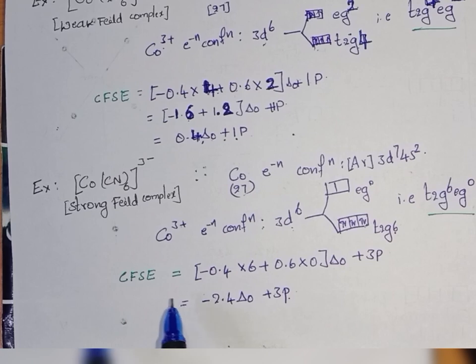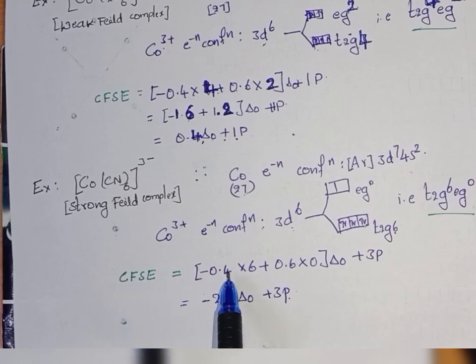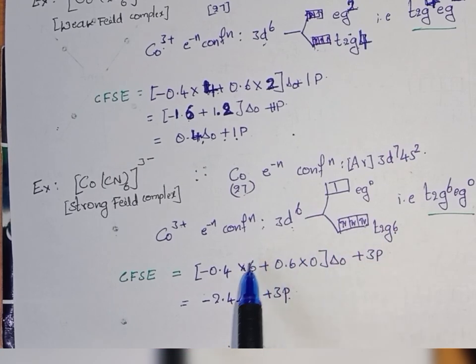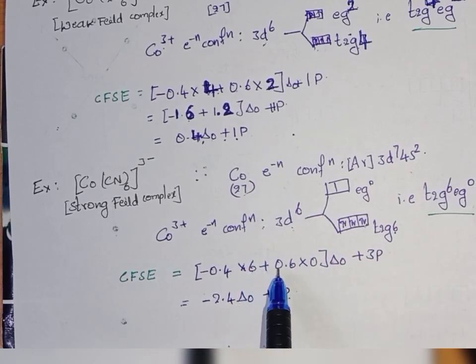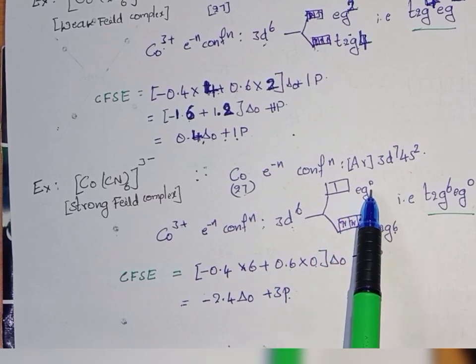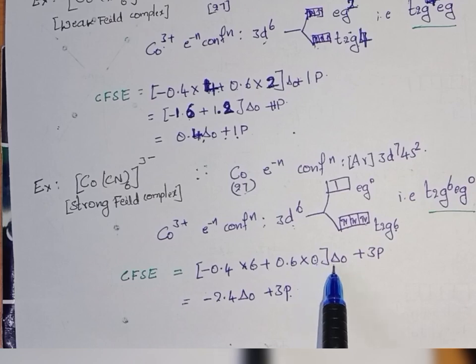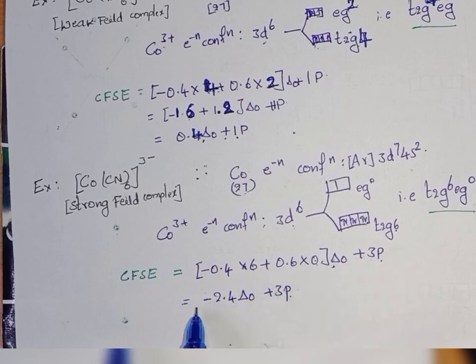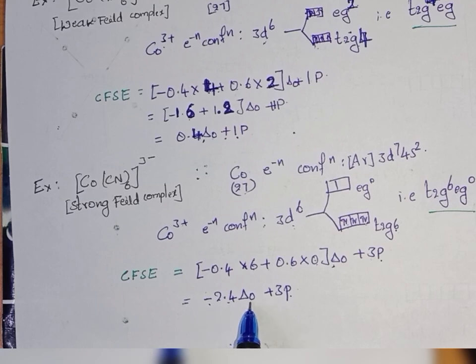Calculating the CFSE: minus 0.4 into x, electrons in t2g, which is 6, plus 0.6 into y, electrons in eg, which is 0, Δo, plus the number of electron pairs, 3, therefore 3P. So the CFSE is minus 2.4 Δo plus 3P.